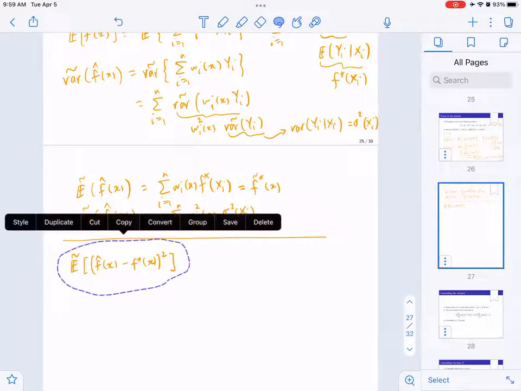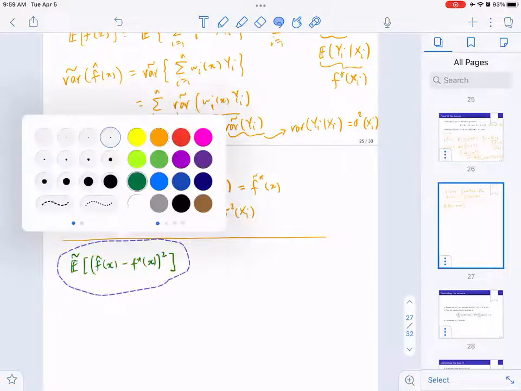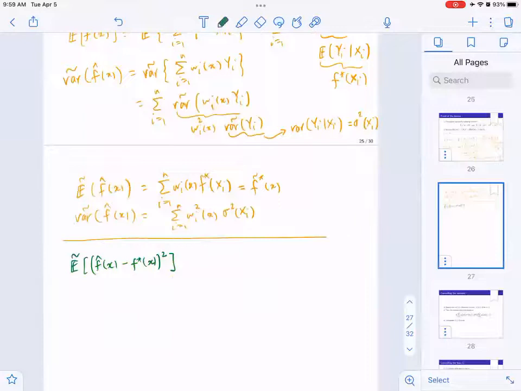Yeah. So add and subtract y_i's. We could do that, but it's easier to do something else for the bias variance decomposition.